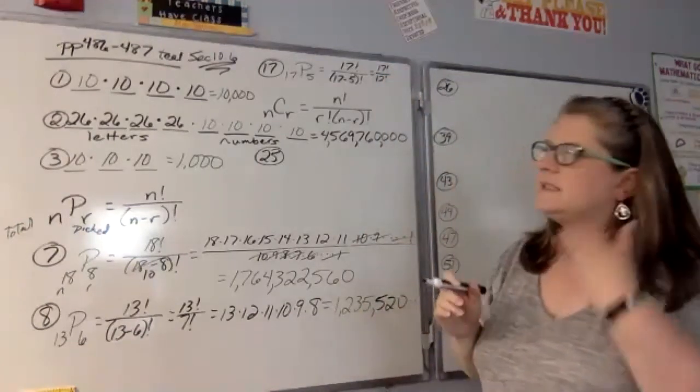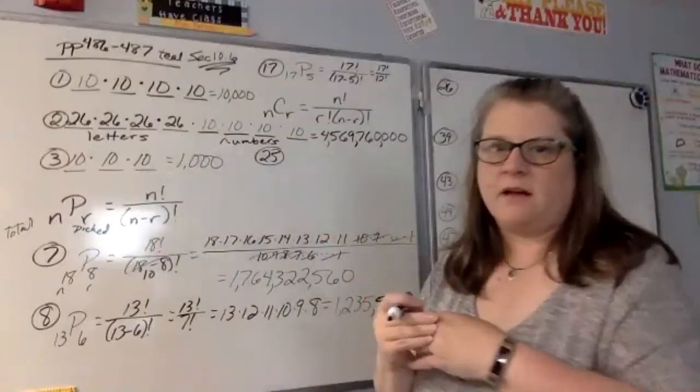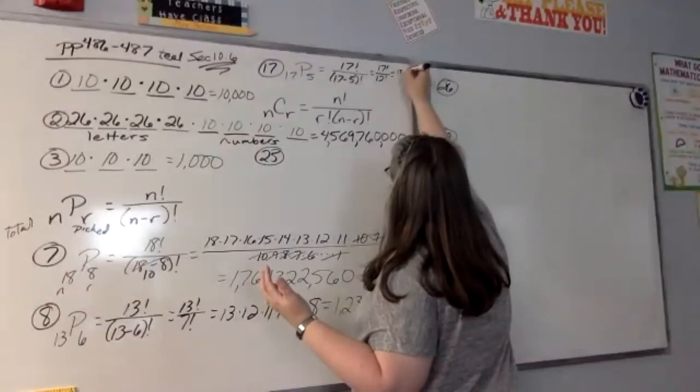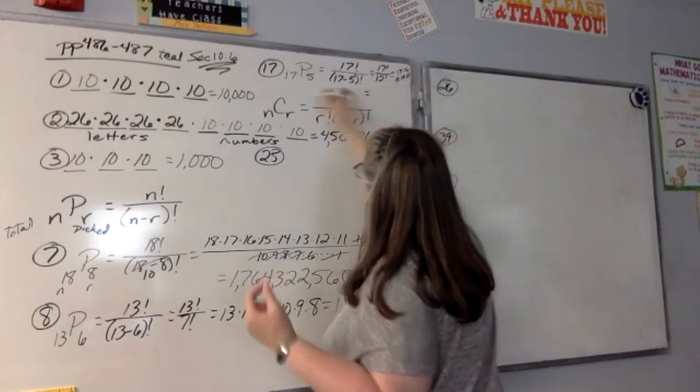So since that means from 12 down, that part will cancel out. So I'm only left with 17, 16, 15, 14, and 13 to multiply together.